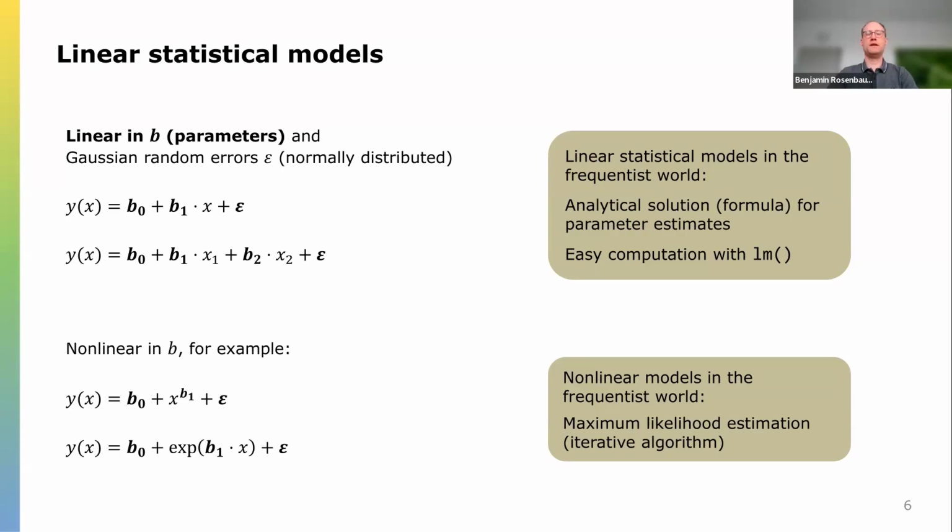So this is a nonlinear model which you cannot fit just with lm. Or if you have some exponential function, e to the power of b times x, again, this is nonlinear in the parameter. And here, maximum likelihood has to be used to estimate these parameters.